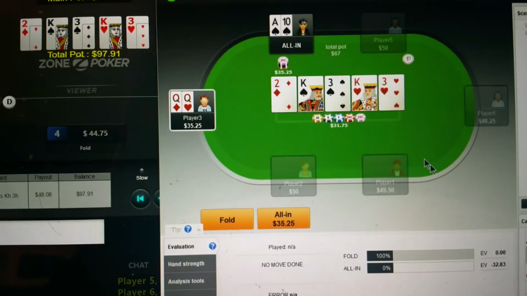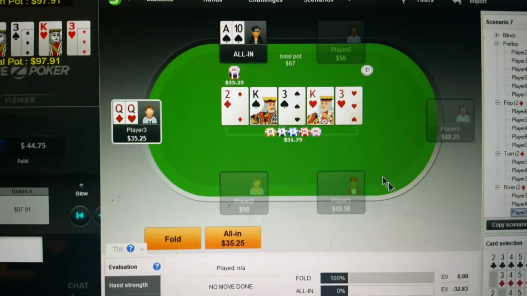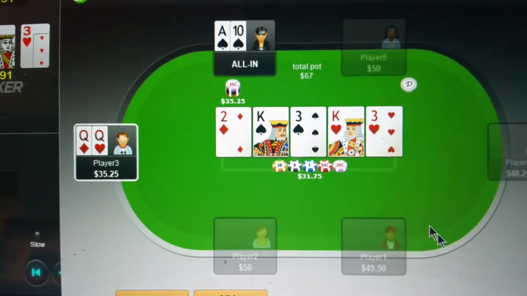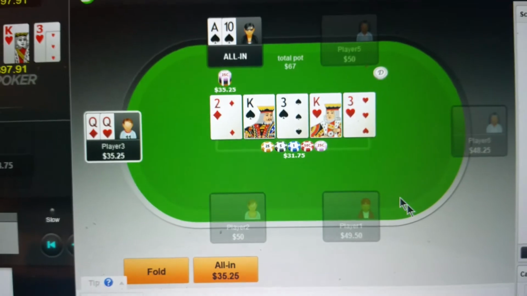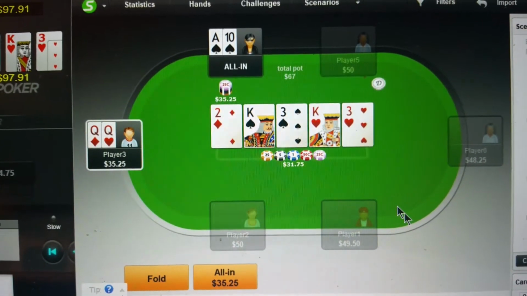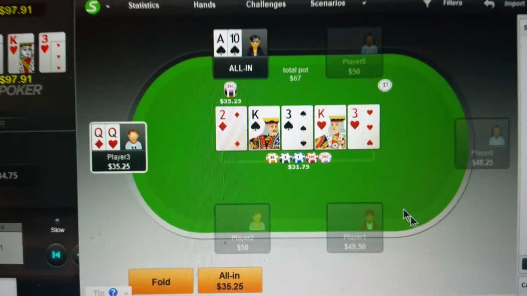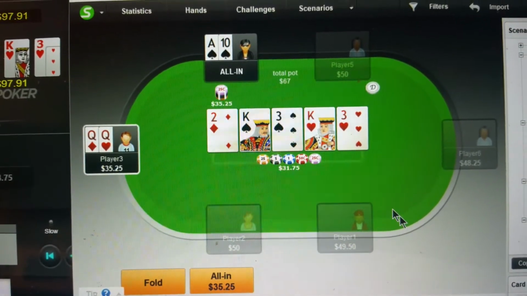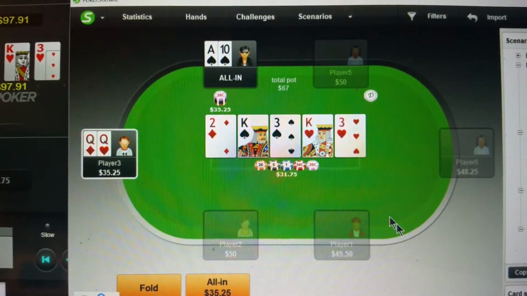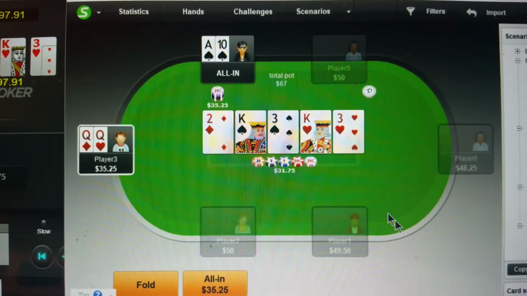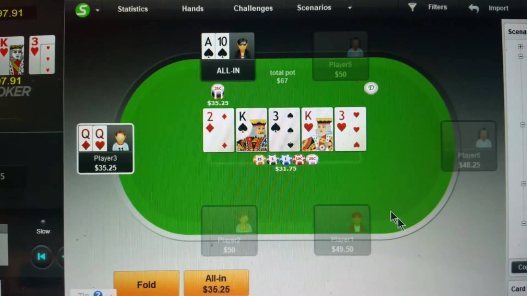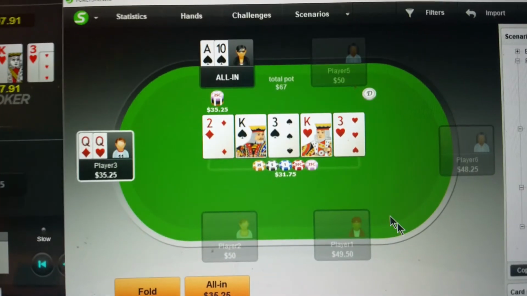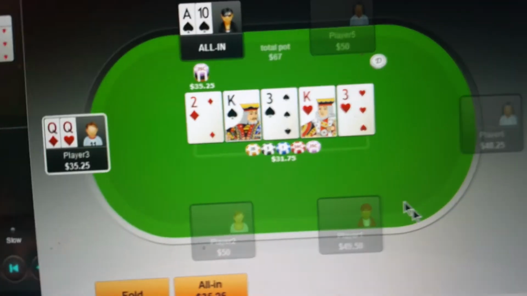So I lost money on that hand in EV. So based on equilibrium, based on all hands in my range, based on the way the villain will play all his hands, I would lose money in that scenario based on all hands in my range.